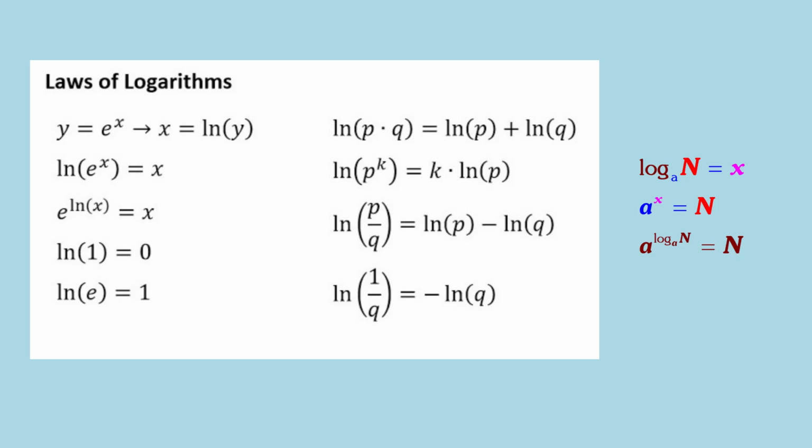Now I will explain the laws of logarithms. Notice that on the right in the white box, the first one is the product law, the second the power law, the third the quotient law, and the fourth the reciprocal law.